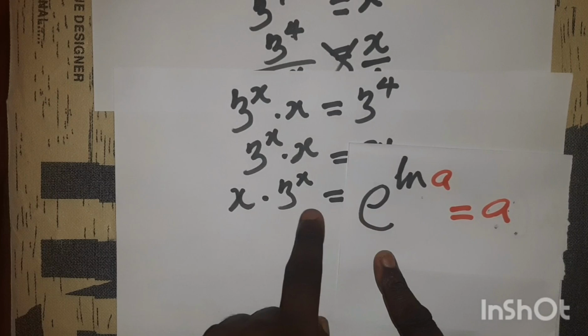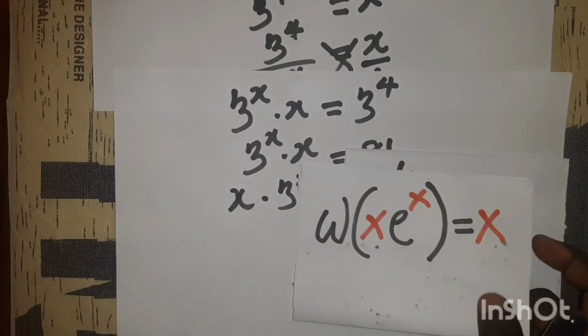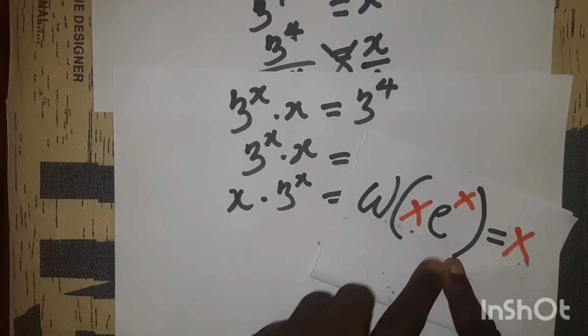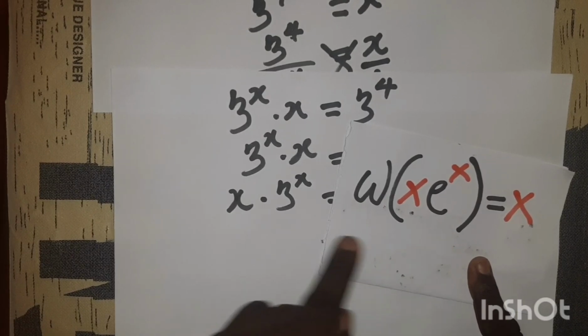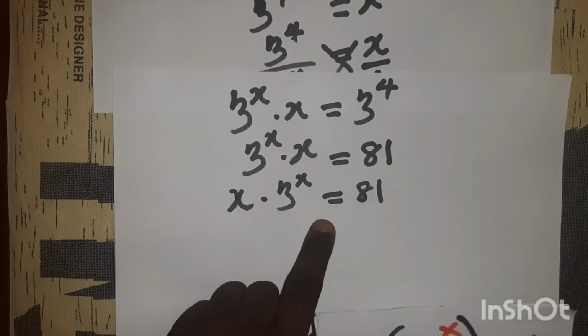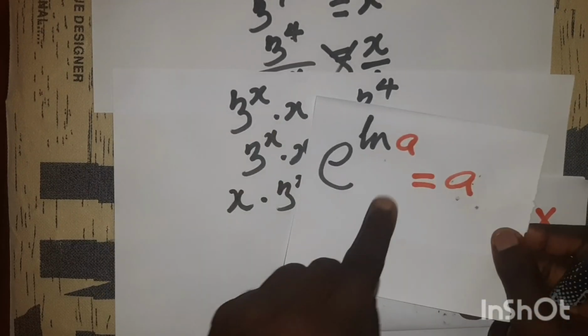So it's going to be e raised to power ln of 3 raised to power x, because we are trying in this video to rewrite this equation to be in this form, and of course we have to involve e because we have e here. So e has to appear somewhere, either on the left hand side or on the right hand side or on both sides.